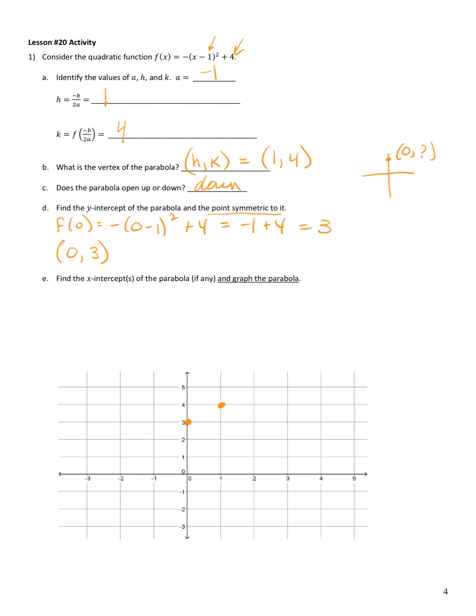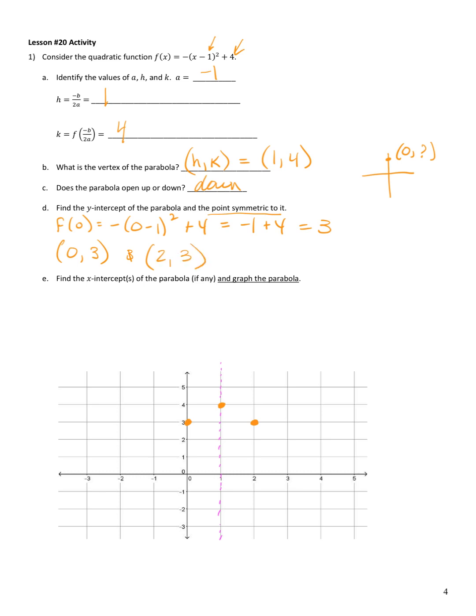Okay, so then I can find the point symmetric to that by drawing in the line of symmetry that goes vertically through the vertex, and then draw in the point symmetric to the y-intercept on the other side of the line of symmetry. So it'll be right here. Visually, we can just reflect over that line of symmetry and then figure out the coordinates of this point, which are (2, 3). So (2, 3) is the point symmetric to the y-intercept.